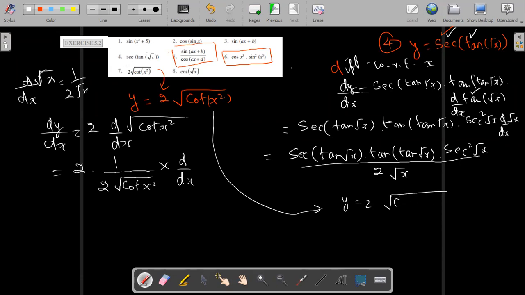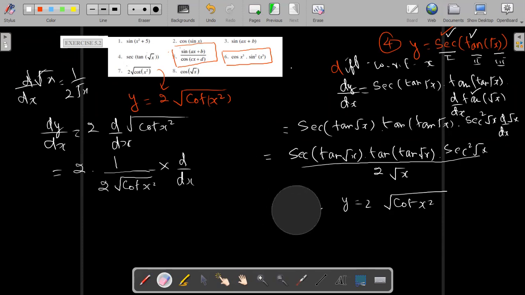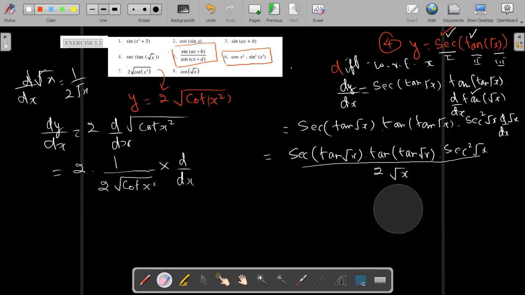Then cot. Then x square. Here, what will you write first? Sec. Then tan. Then root. So whatever you have written first is the first function, inside that the second function, inside that the third function. Similarly here we have written root. Root is also a function. Just remember the differential of root x is 1 by 2 root x. I think you understood. So that is the way to find out which is the outermost function.